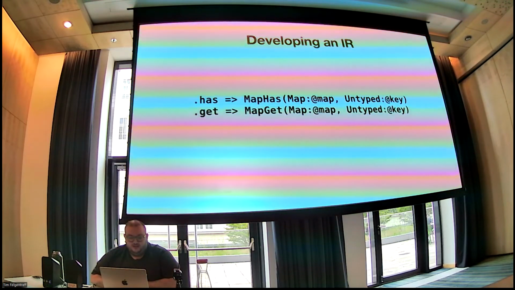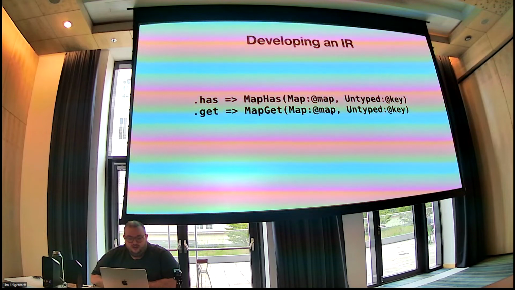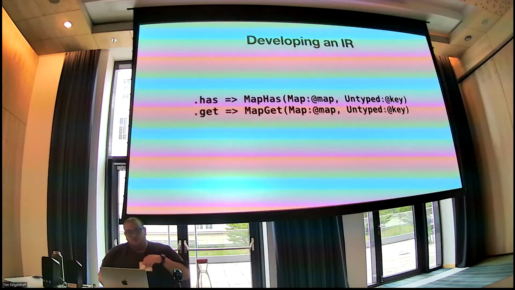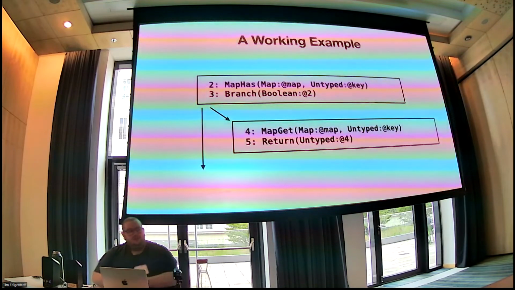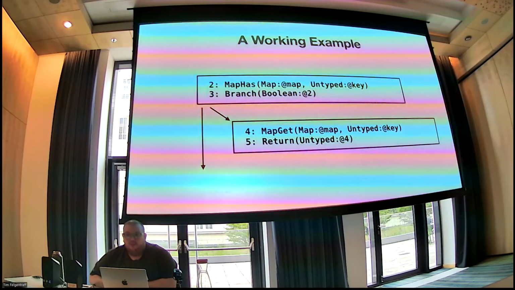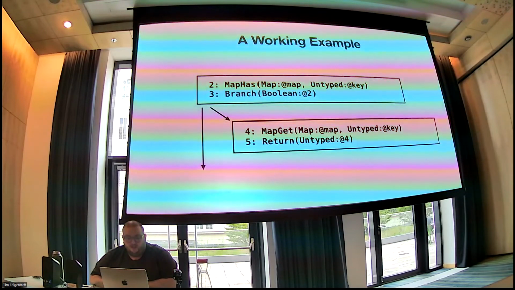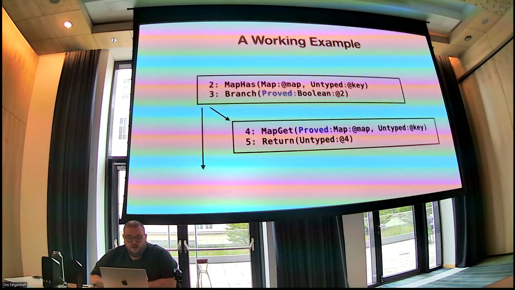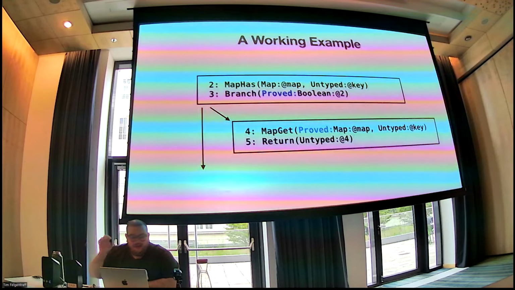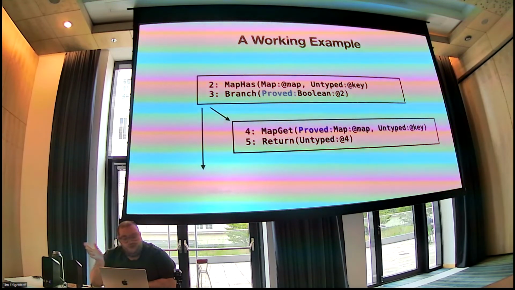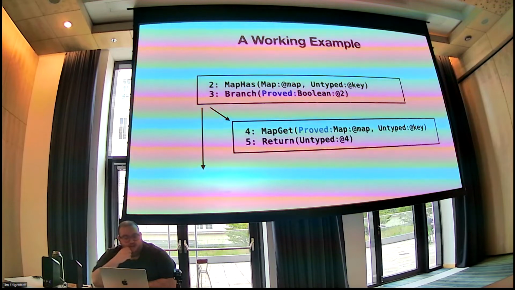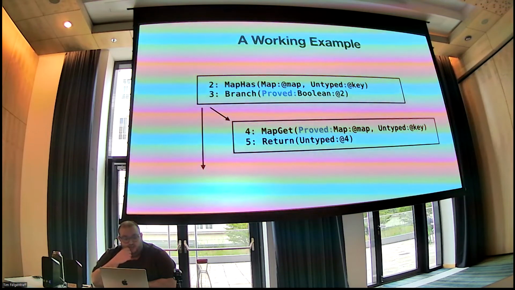So I think the starting point might be just developing trivial nodes for both has and get. And if we look at our previous example, it does buy us some amount of optimizability, right? So here we know that if you have a map has node in your IR, it returns a Boolean. Therefore, the branch isn't going to have to check if the result is a Boolean. That's a proven value.